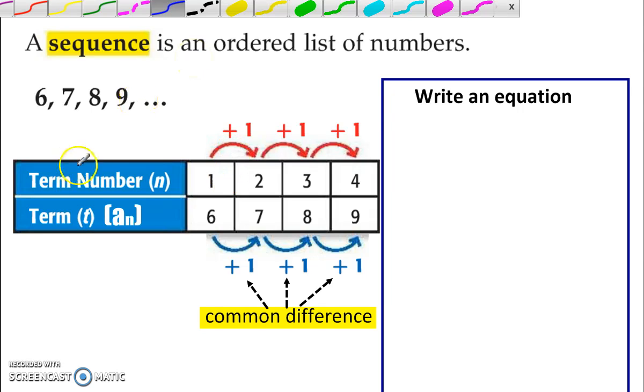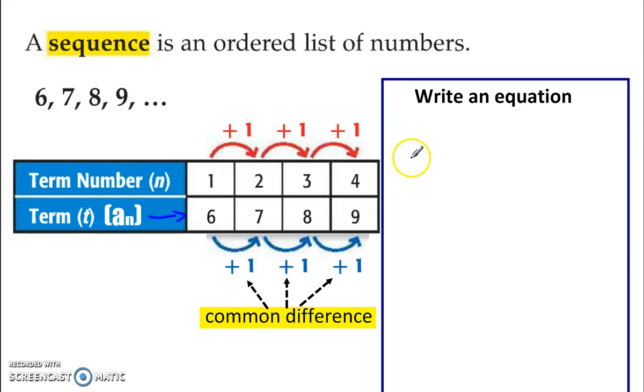So if I have these numbers, I'll look at what n is right here, and I see how I can find a n. So I want to find a n. Sometimes you could write t equals, we'll write a n equals. Okay, and we want to write a generic one. From 1 to 6, well, that 6 is 5 more than 1, 5 more.